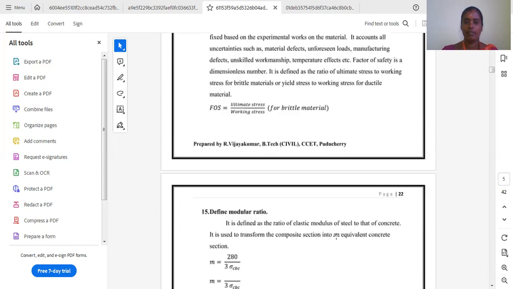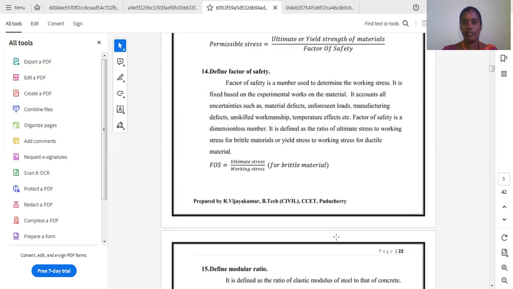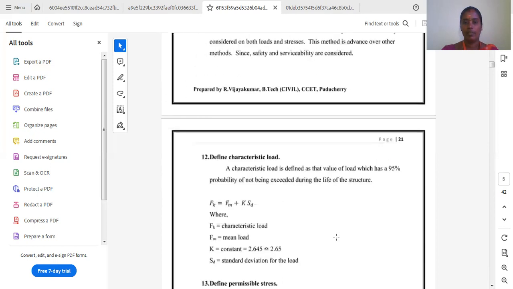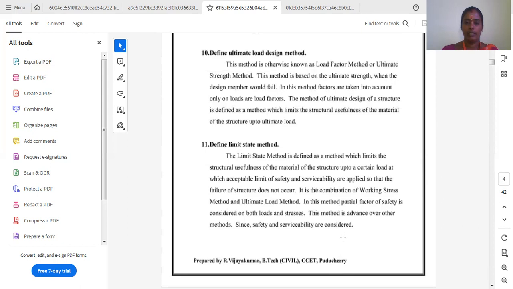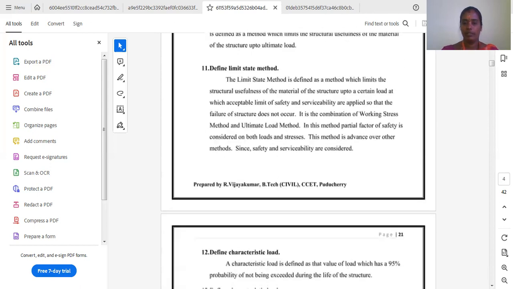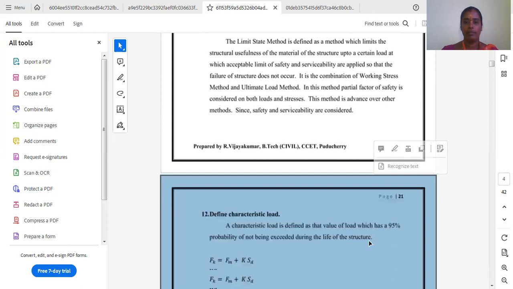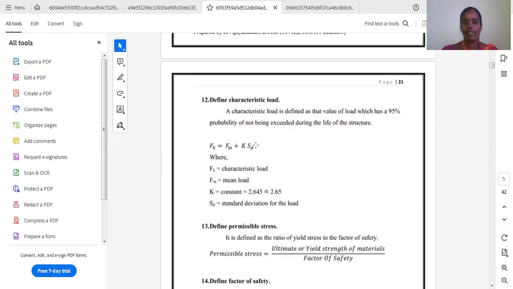For this subject, we will use the code book. Okay. IS 456-2000, Indian Bureau Standard 2000. Here you can see some technical terms. Define characteristic load.